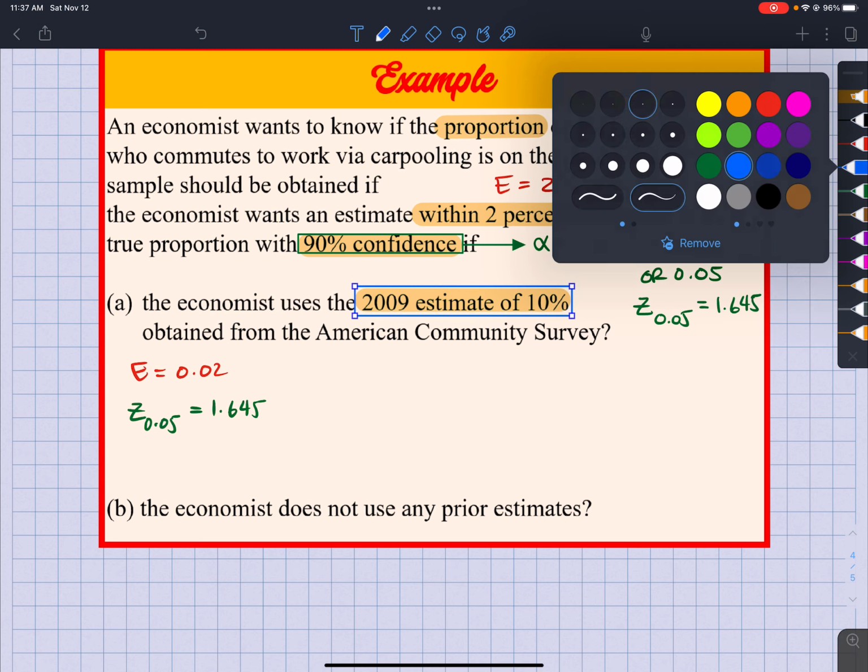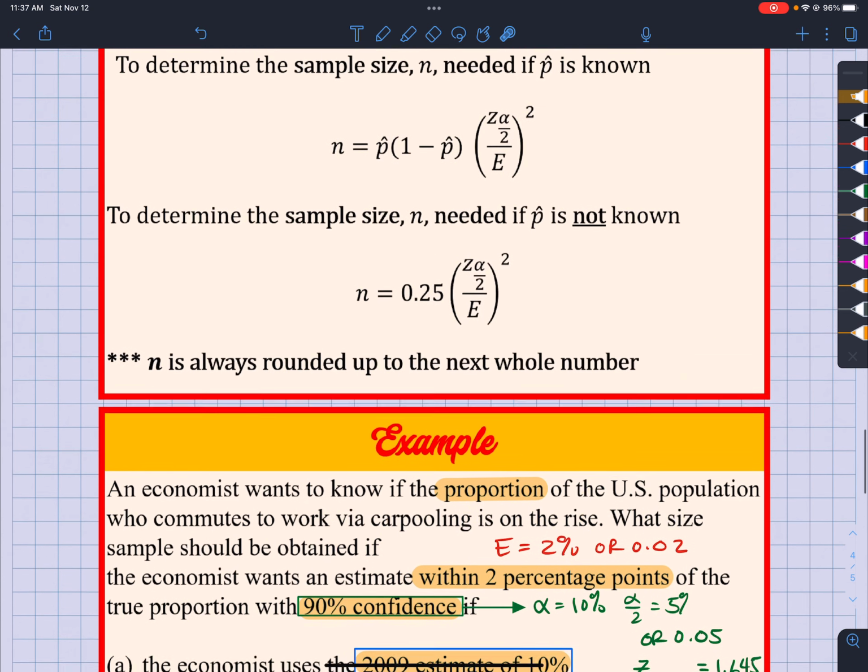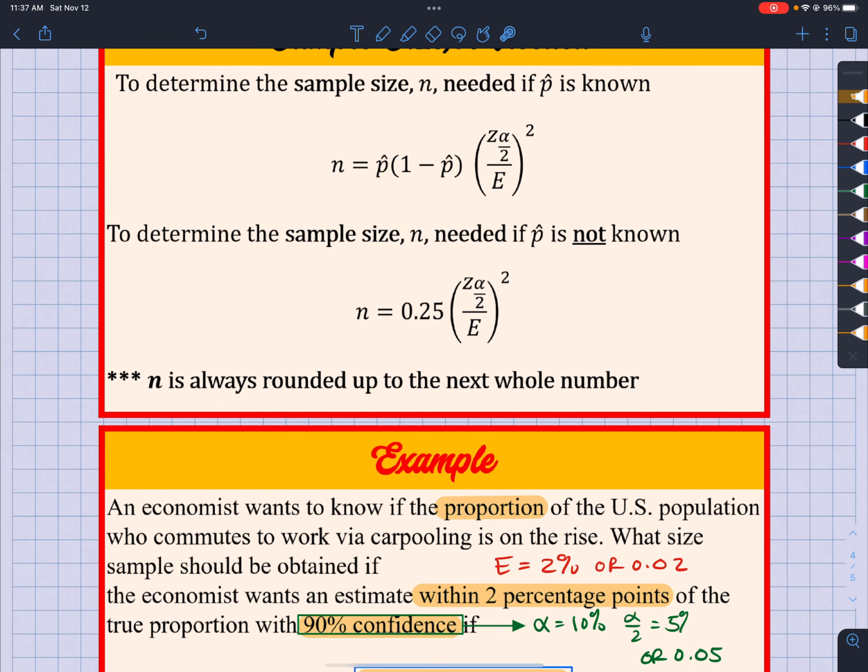The blue box is telling me that the p hat in 2009 is equal to 0.10. Since I know a past estimate, or past p hat, we want to use this formula here.